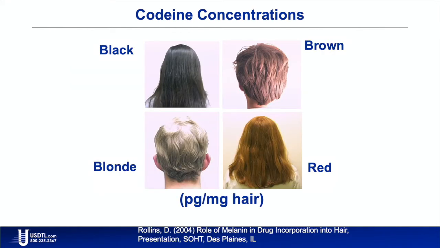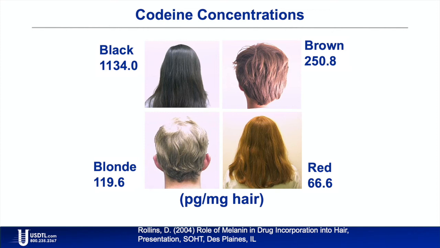But you remember the previous study that we talked about before we got into this study, where we looked at codeine concentrations versus hair color. And to refresh your memory, here were the concentrations that we found for each hair color. These were not identical doses of codeine, but they were very similar.